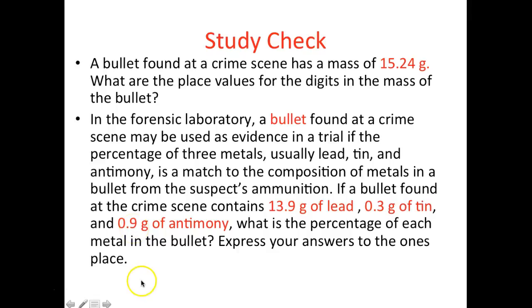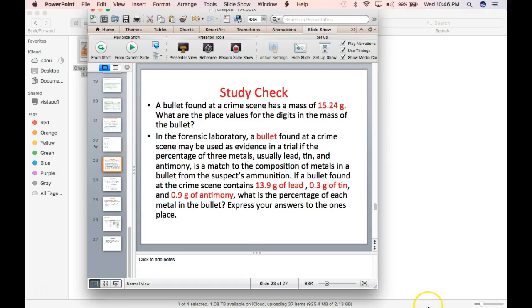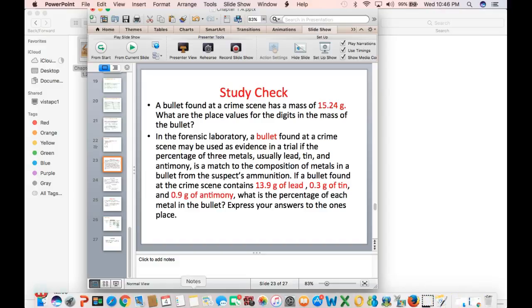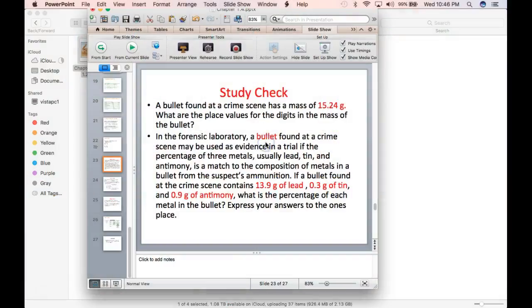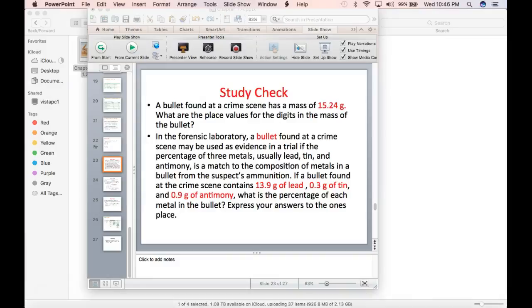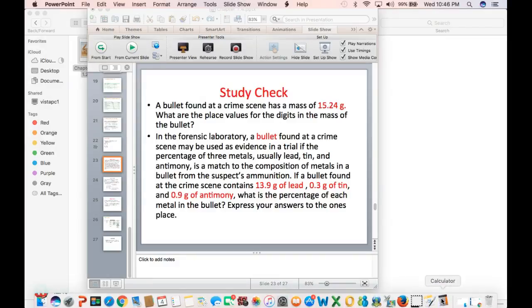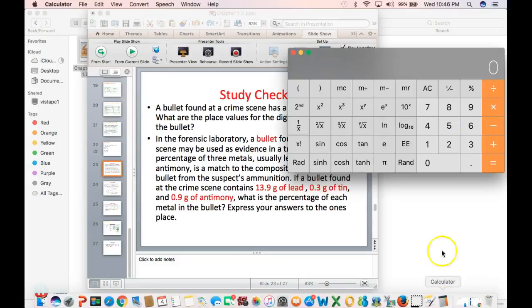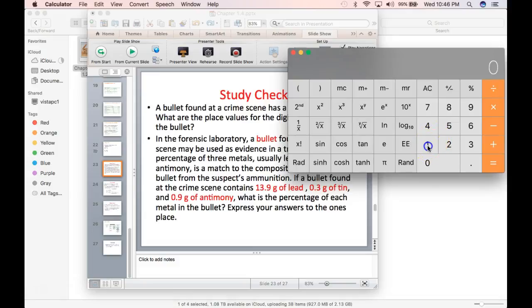All right, okay. So let's see here what I can do. I can show you if I can get a hold of a calculator. Okay, and here it is. Can even bring it up. Okay, here it goes. All right, so 13.9 plus 0.3 plus 0.9, that should give you 15.1.